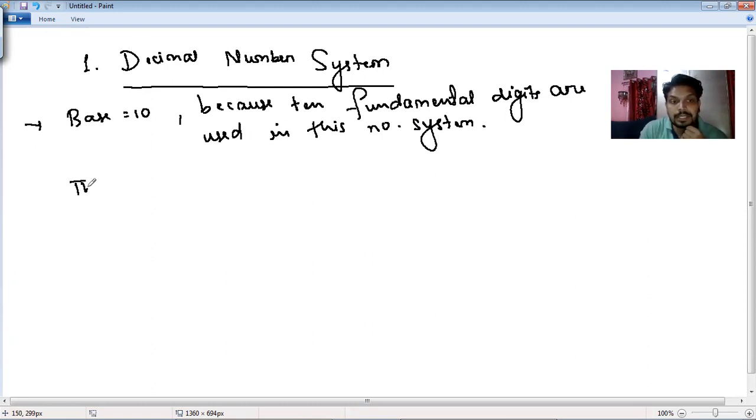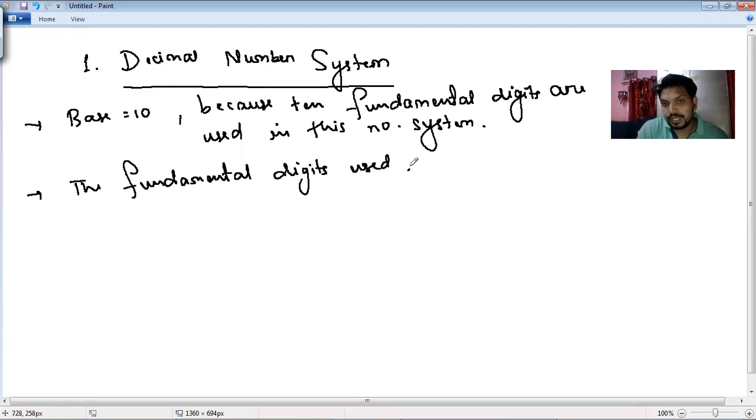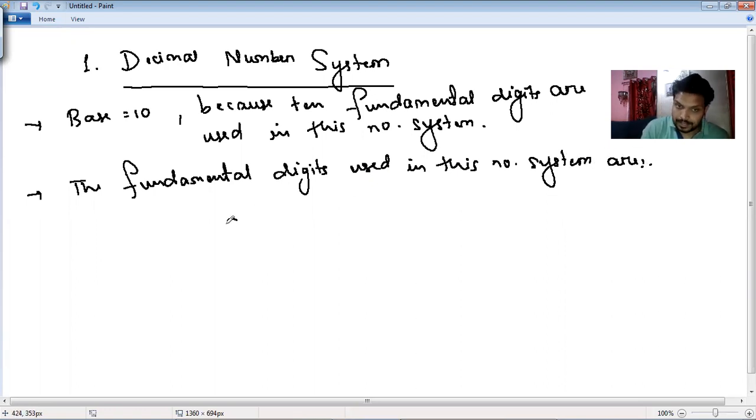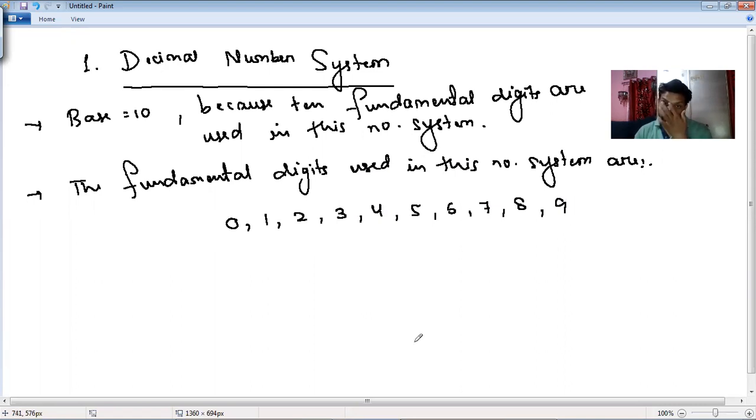The fundamental digits used in this number system are 0, 1, 2, 3, 4, 5, 6, 7, 8, and 9. Yes or no?